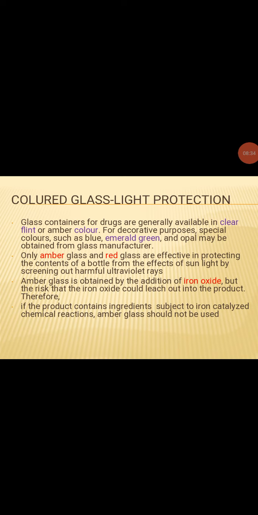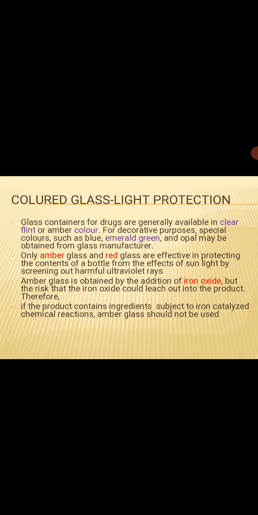Only amber glass or red glass can protect the product inside the glass from UV rays. Amber glass is obtained by addition of iron oxide, extra iron oxide, but there is a risk that the iron oxide could leach out into the product.